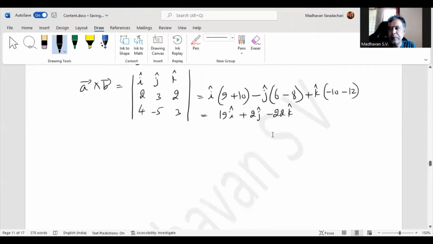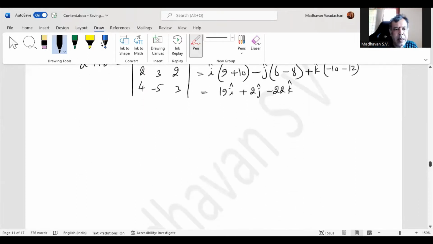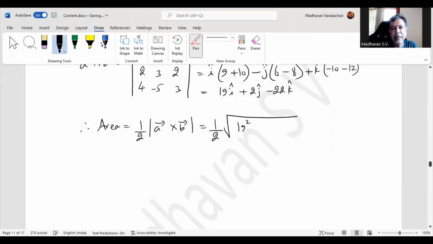Therefore, the area is equal to half times the magnitude of vector A cross vector B, which will be half times square root of 19 squared plus 2 squared plus (-22) squared.